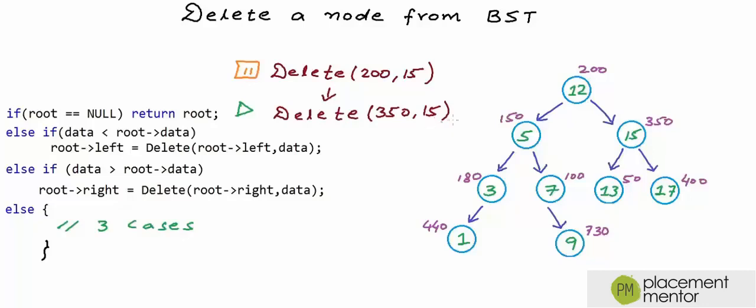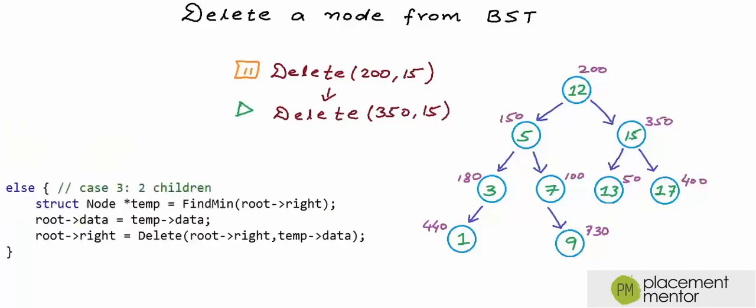Delete 350, 15 returns. Now for this call below, we will go inside the third else in case 3. Here we will find the node with minimum value in right, which is 17, which is 400. The value is 17. Address is 400. First we will set the data in the node at 350 as 17, and now we are making a recursive call to delete 17 from the right subtree of 350.